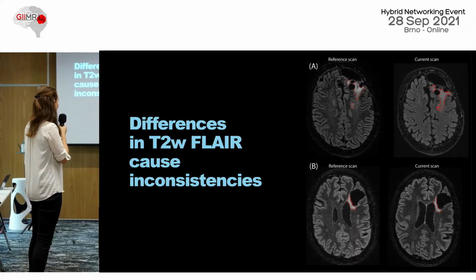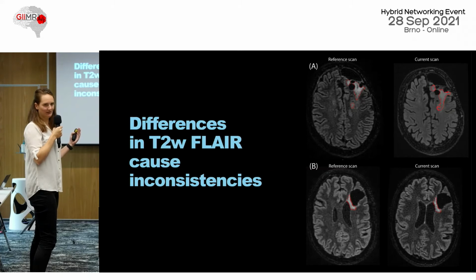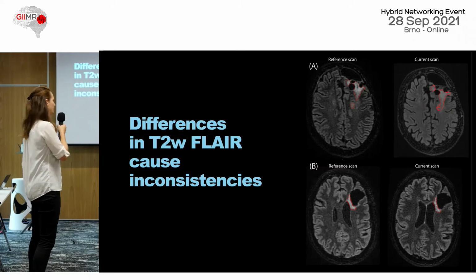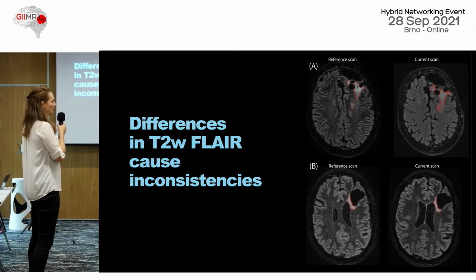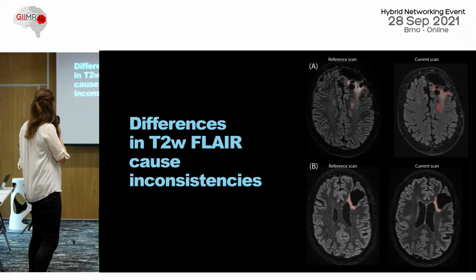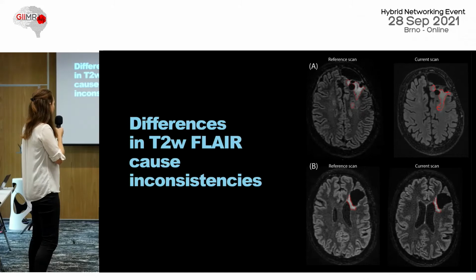So here you can see on the top an example of this change in the segmentation boundary between 2 consecutive scans. And on the bottom, of course, I also included a segmentation that is actually consistent. In both cases, there isn't any significant growth in the tumor.